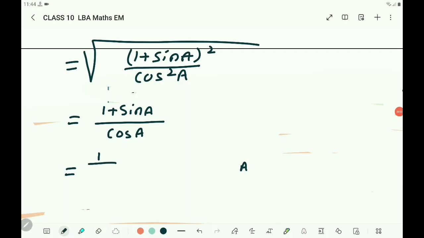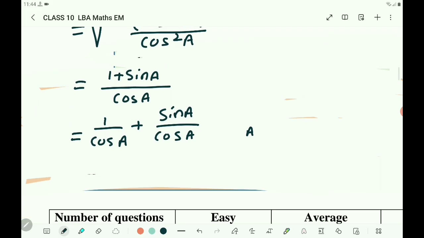1 by cos A is secant A plus sin by cos is tan A, which is equal to the RHS.